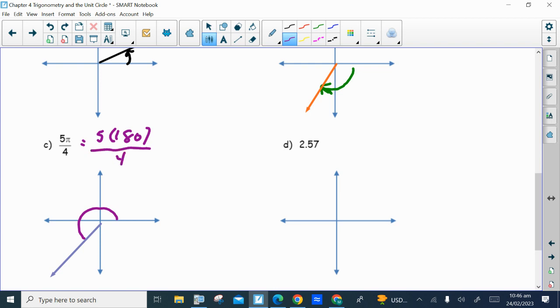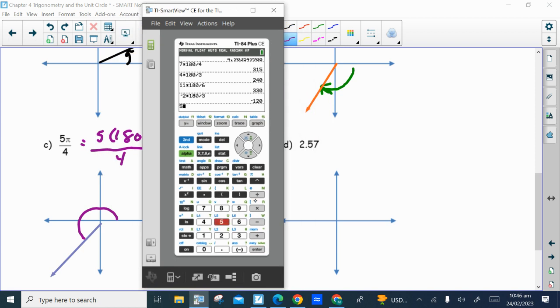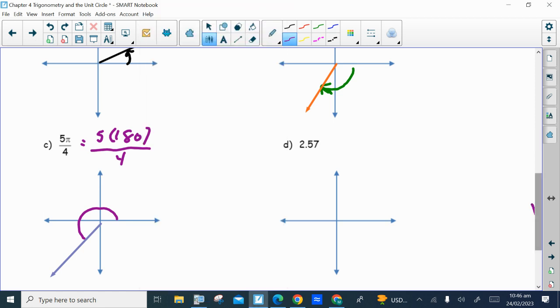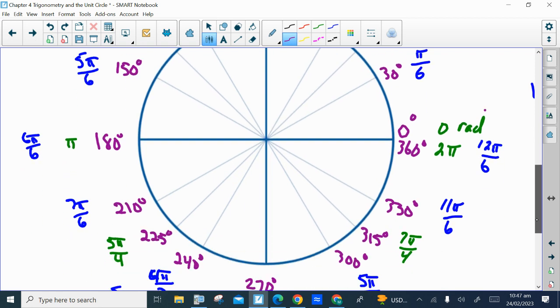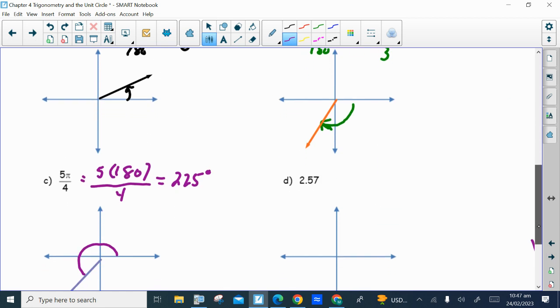So it'll be 5 times 180 divided by 4, 225 degrees. And we saw that on the previous page when we filled in those angles. 225 degrees is the same as 5 pi on 4 radians. Okay? But that's where it comes from.